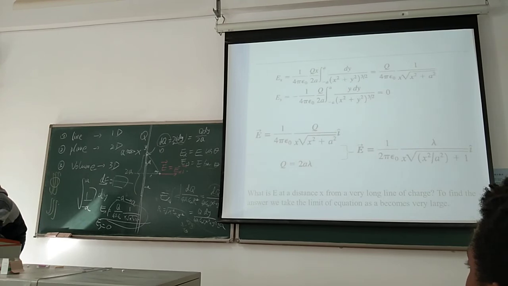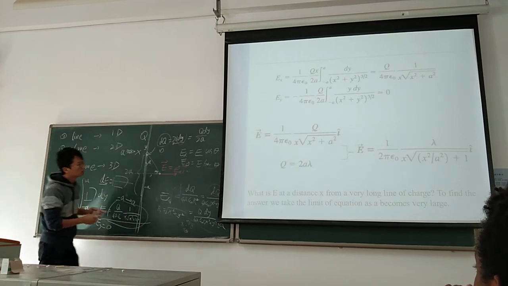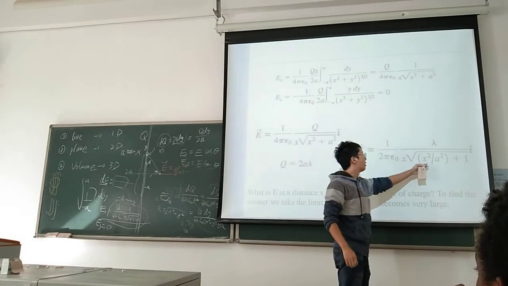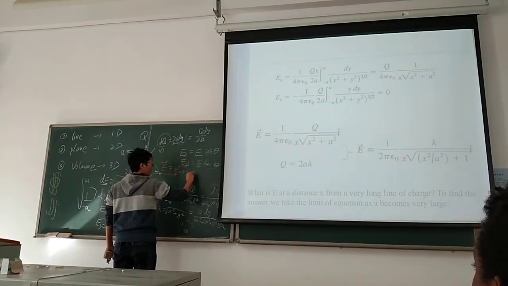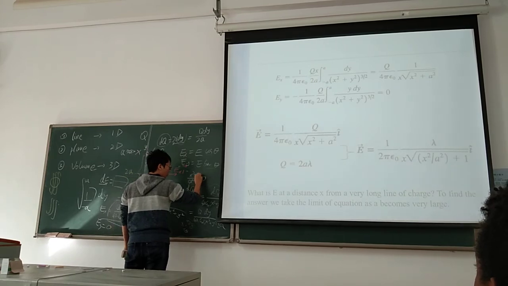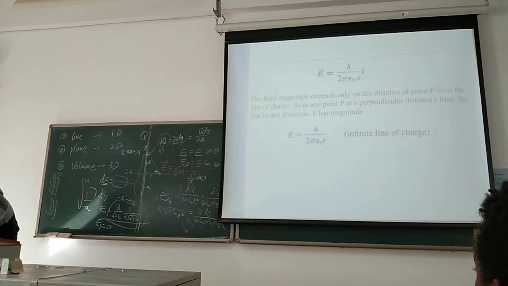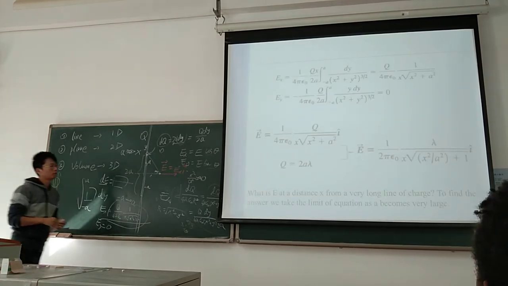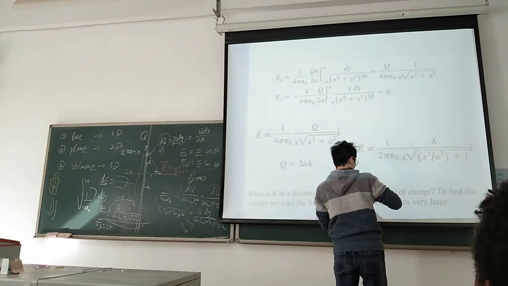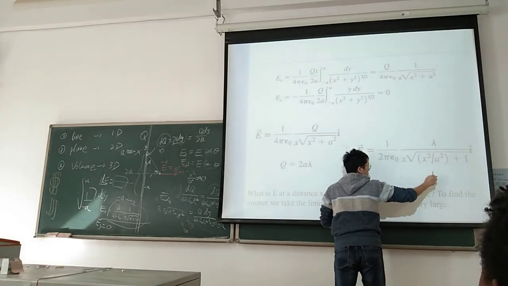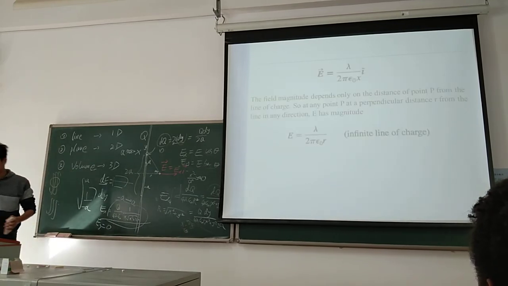So in this equation, if a is much larger than x, the x squared over a squared will go to 0 when a is much larger than x. So the fraction here, this part, will be close to 0. So finally, we got an answer here.